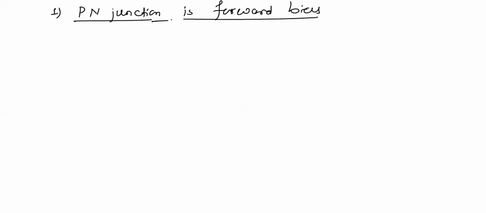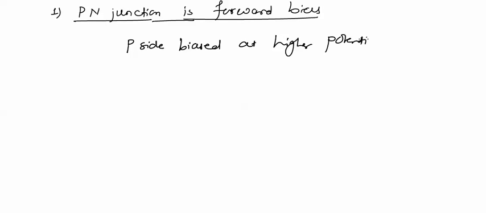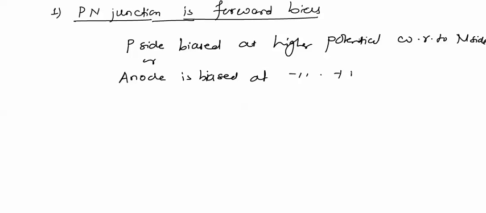A PN junction is said to be forward biased when P side is biased at higher potential with respect to N side, or anode is biased at higher potential with respect to cathode. Then PN junction can be said to be forward biased.